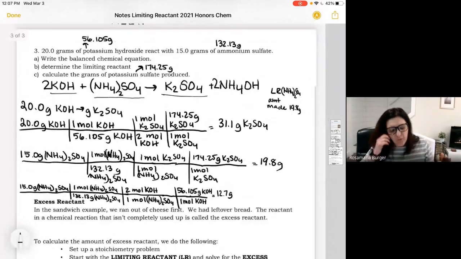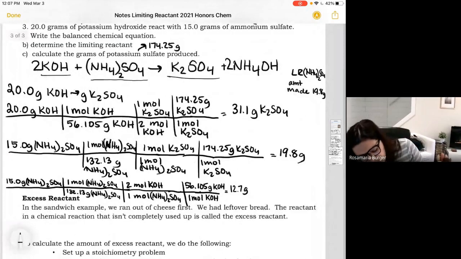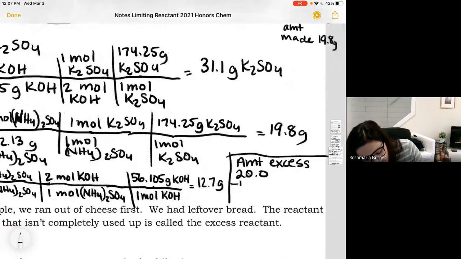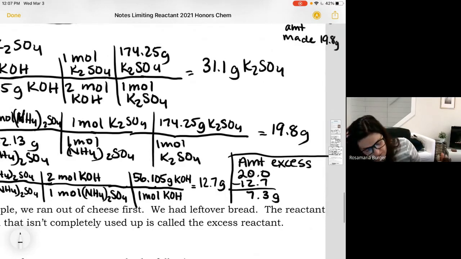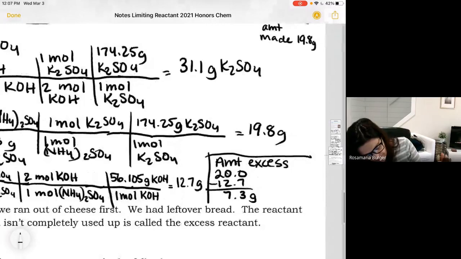Well, we started with 20 grams. So let's figure out our amount of excess. We started with 20.0. We're going to subtract 12.7. And I'm going to use a calculator so I don't make a fool of myself. That gets me 7.3 grams of excess KOH.